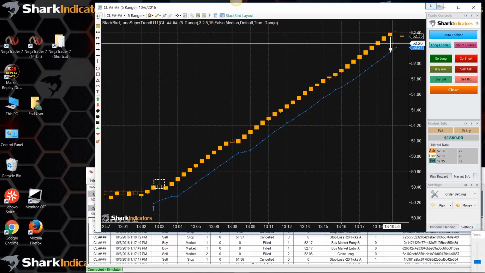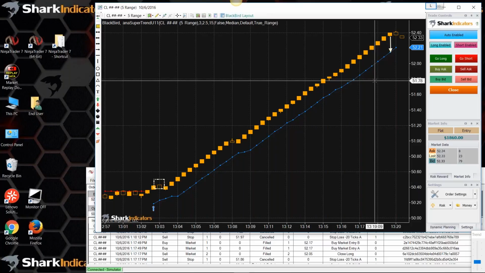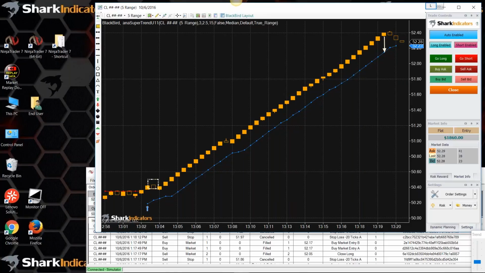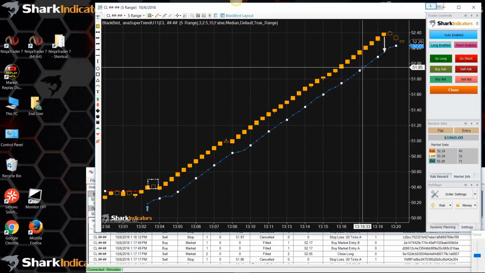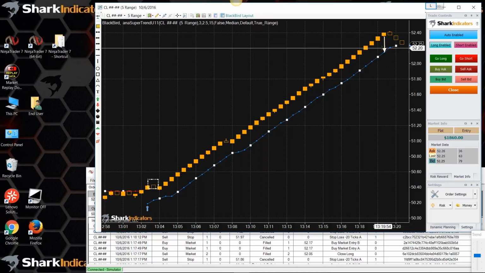So Jeff's question is basically, how could you use the anaSuperTrend to set a short stop loss within BlackBird? And actually, you can't. There is no way to do that. If you're using an indicator to set your order prices, your indicator just has to give you that price in the correct spot.